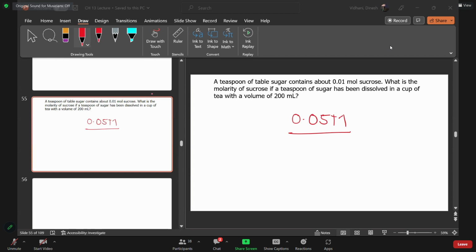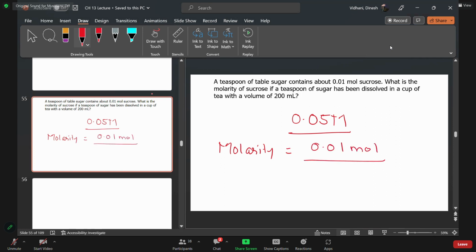So molarity is moles per liter. So you are given 0.01 moles of sucrose divided by 200 milliliters. So we need to convert our 200 milliliters into liters first, right?